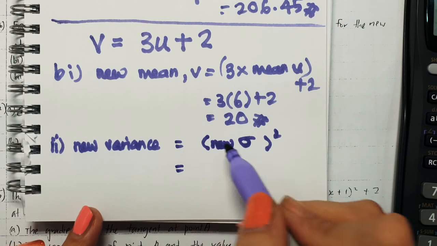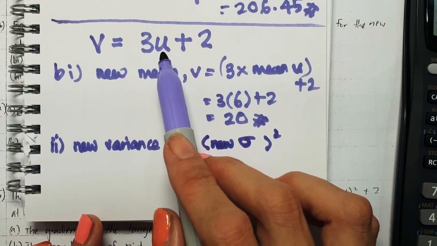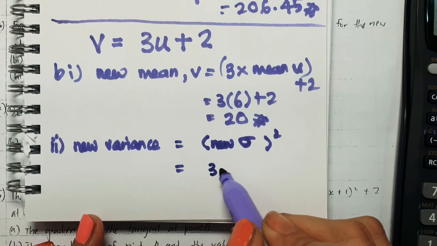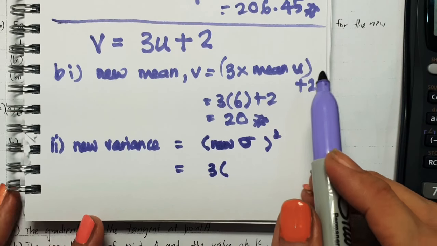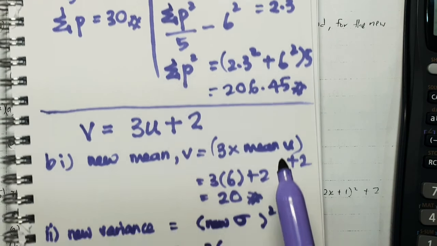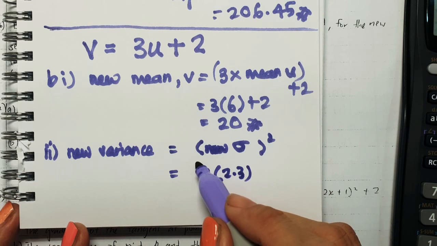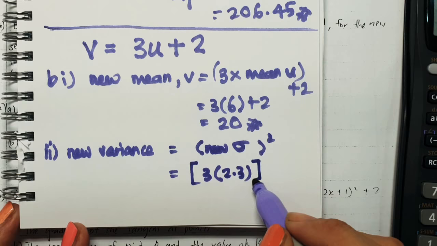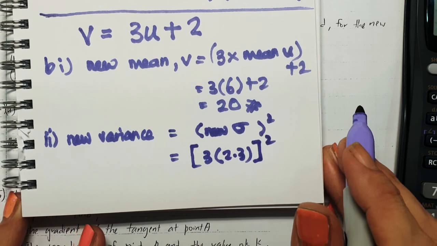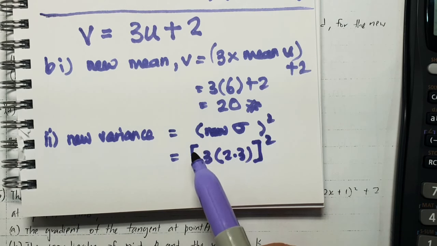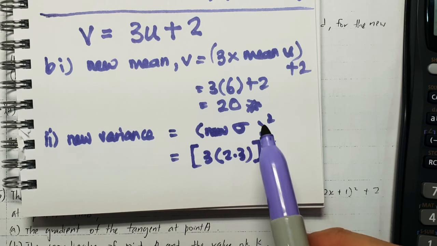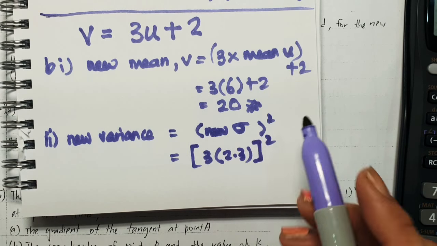The new standard deviation is 3 times the original standard deviation, which is 2.3, and then the whole thing squared. Or the formula will be k squared times the original variance, but it's the same thing.